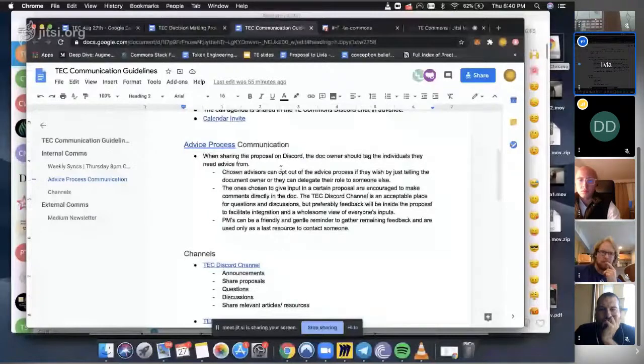And the best place to gather feedback is inside the proposal, to facilitate integration and for everyone to have a whole view of everyone's inputs. So discussions and questions can be held in the Discord chat, but they can also happen inside the doc.